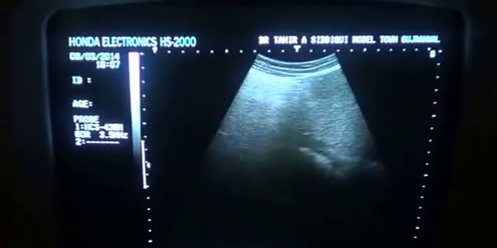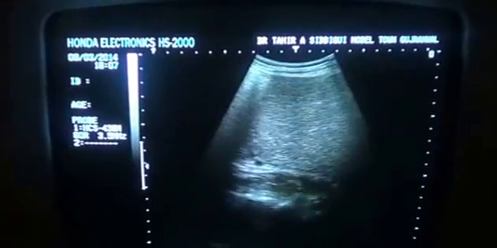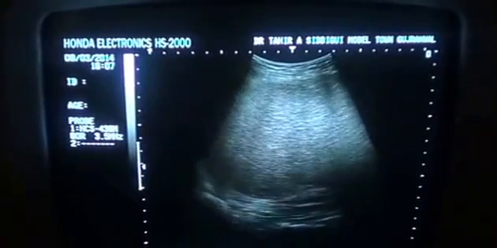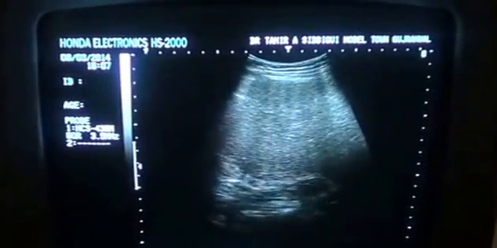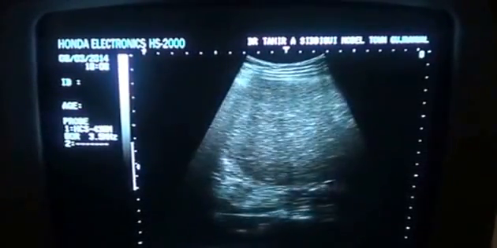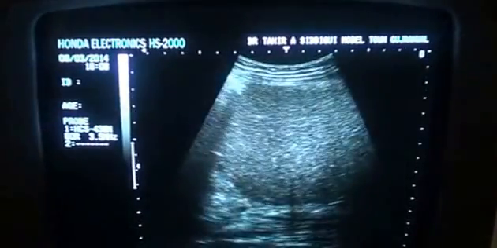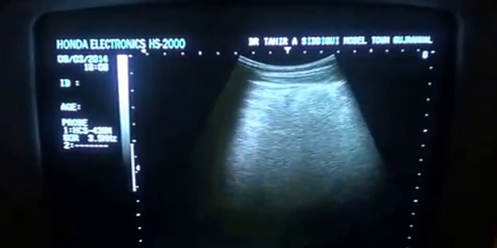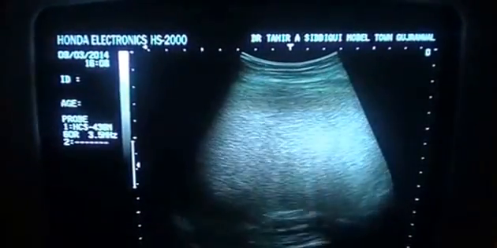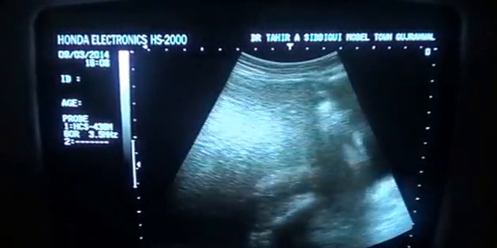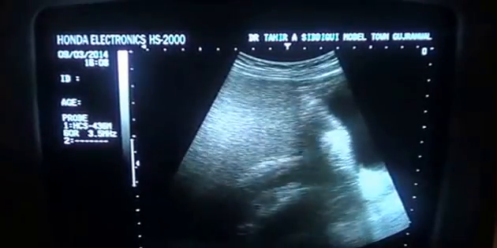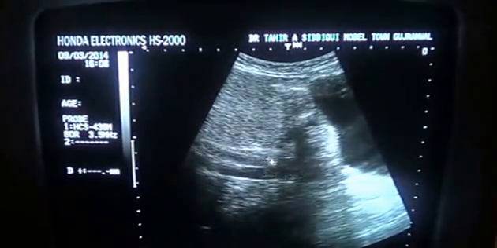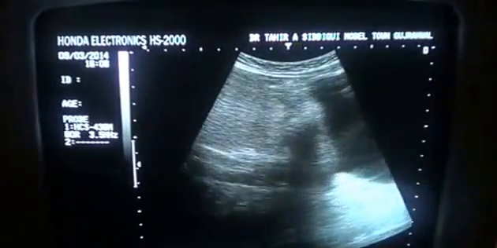Here I am below the costal margin, so I can trace it up to the right hypochondrium, and from here you can trace it down to the pelvic region, where you can see the iliac vessels lying posterior to it.